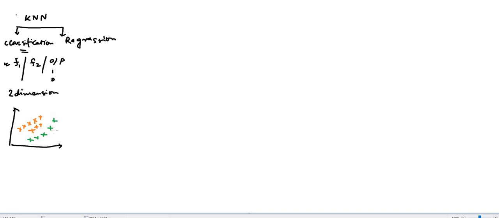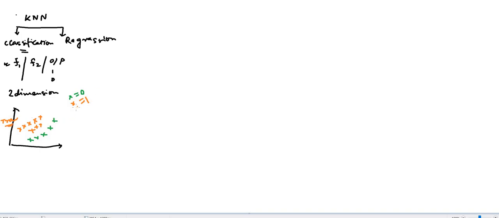Okay, so remember it here. So probably all the green points are part of the 0 classification, and all the orange colors are part of the 1 classification. Okay, and let's consider this is my training data. So everything here is training data.